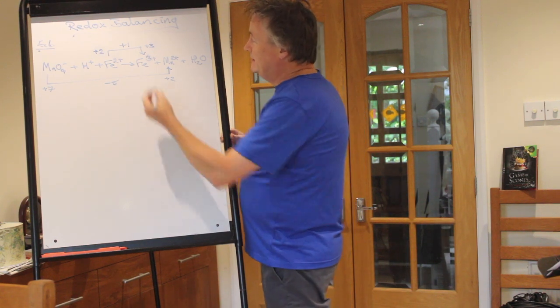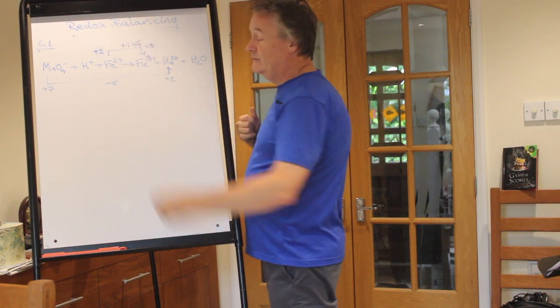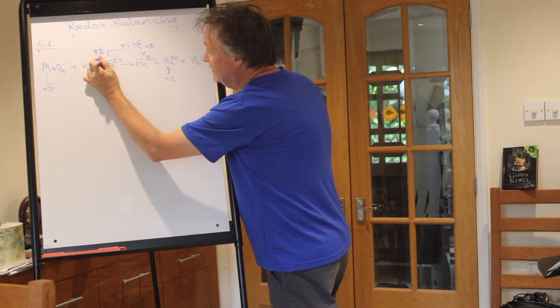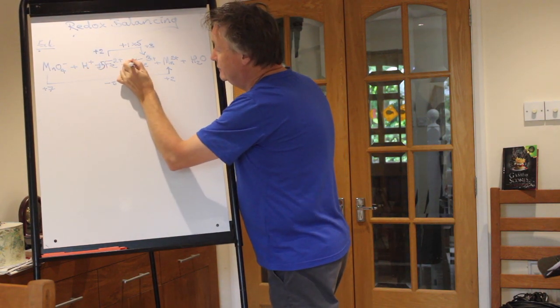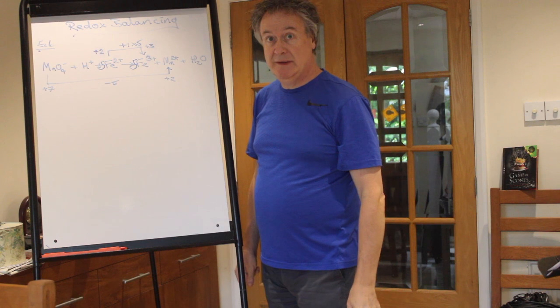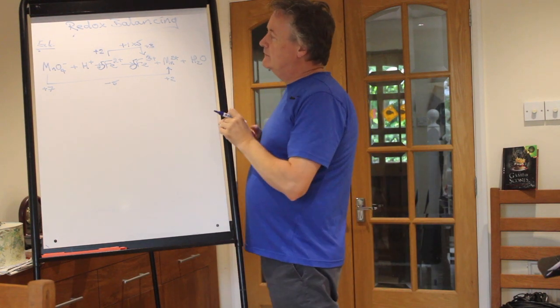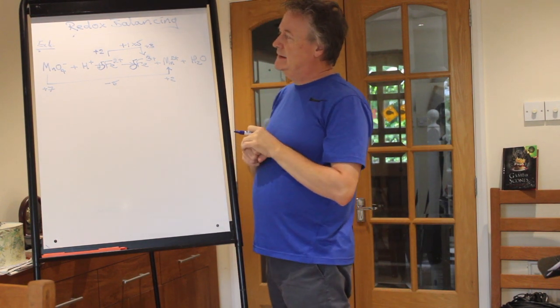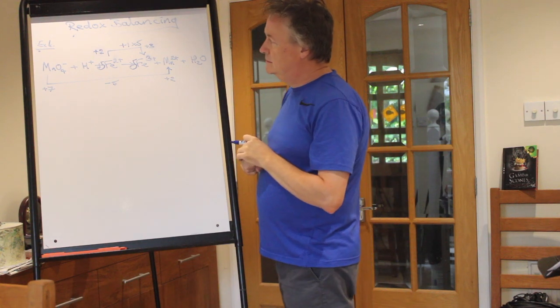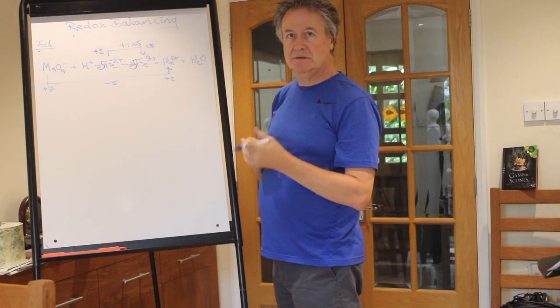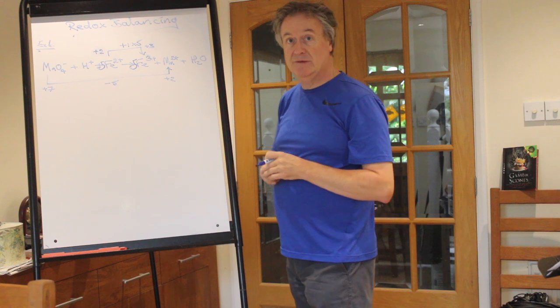So in order to balance it, that needs to be 5 times the size. So you need a 5 in there. I didn't leave space. And so that immediately sorts out the redox part. The oxidation and the reduction is now equal amounts of both.